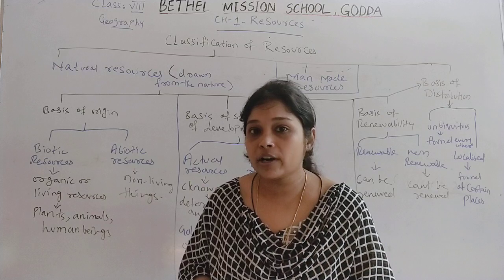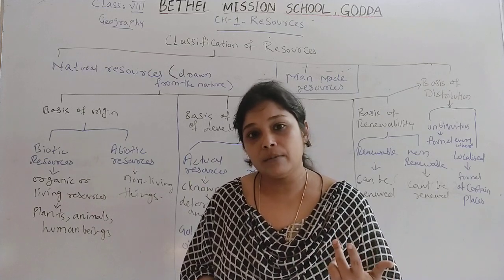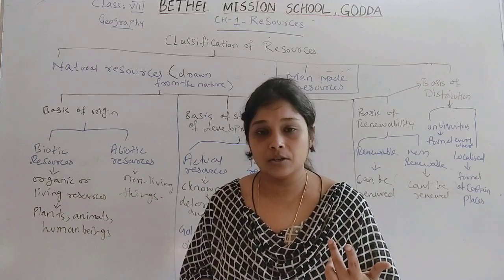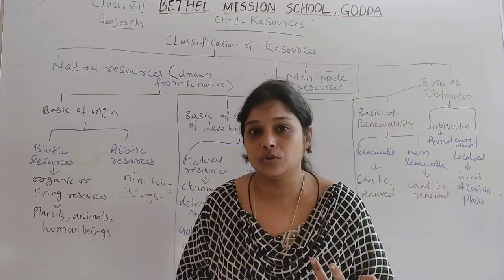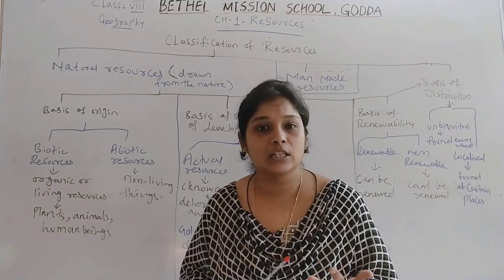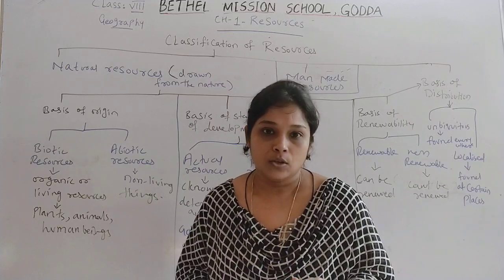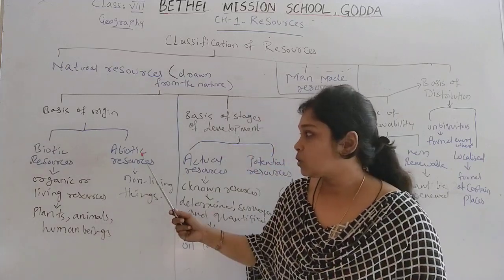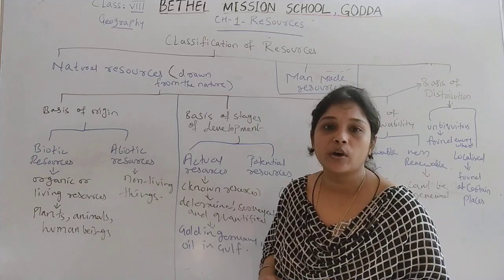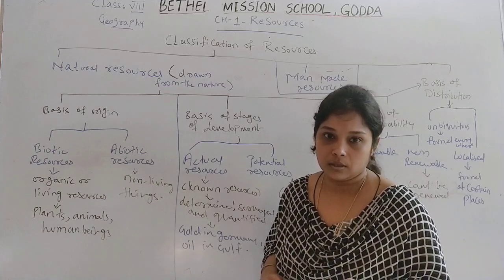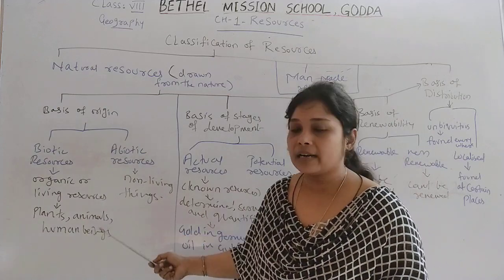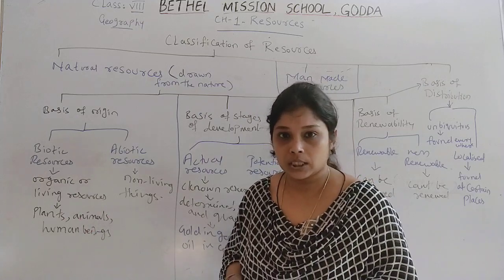And in living organisms we can say animals, we use animals as a resource. We also use human beings as a resource. As we have seen in our last video, human beings act as a resource for a country. So over here we can say that the first one is biotic resources, which means organic or living resources. We can take an example of plants, animals and human beings.